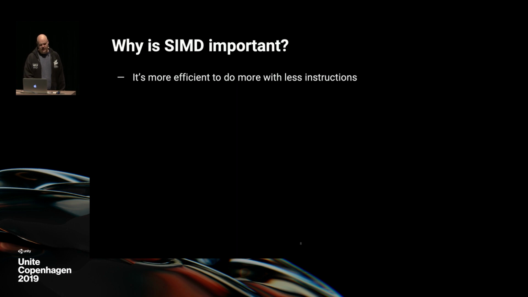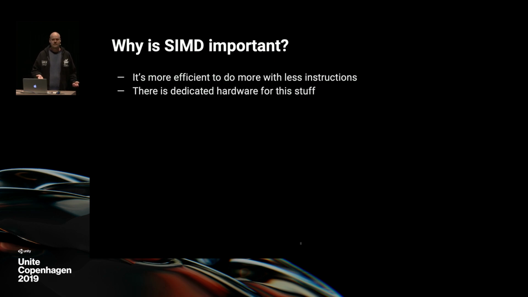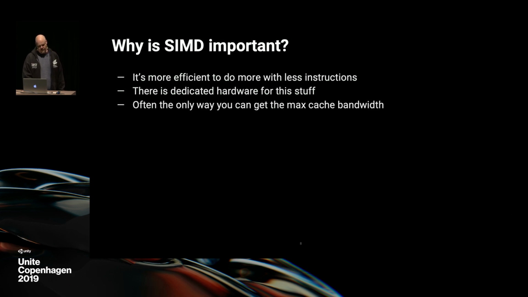So why is all this important? Well, obviously it's more efficient, just like in the cooking example, to do more things with fewer instructions. But the point really, and I sometimes get maybe too passionate about this, is that there's dedicated hardware for this stuff that we don't want to be ignoring. And one other point I will bring up here, which may be news to some of you, is that using SIMD instructions is often the only way you can get the maximum cache bandwidth of a particular CPU.